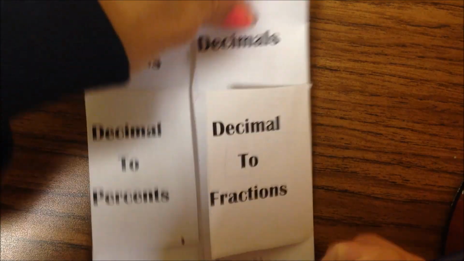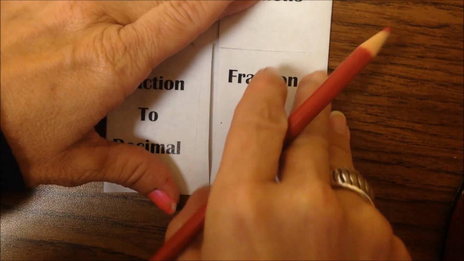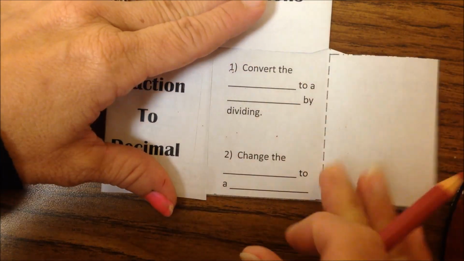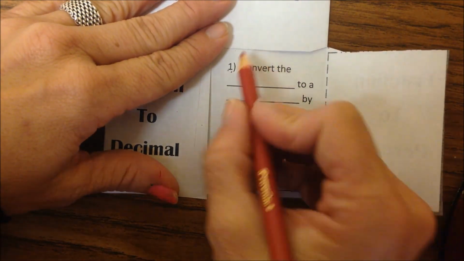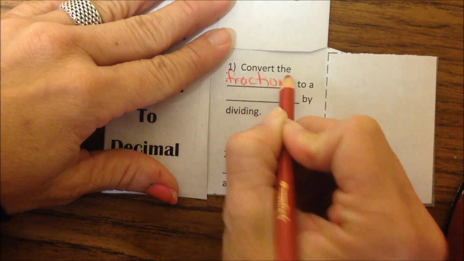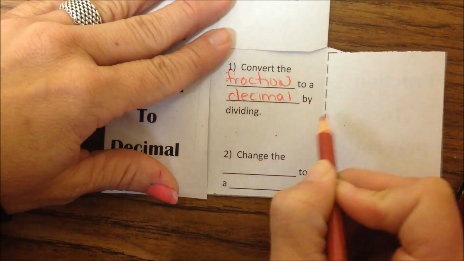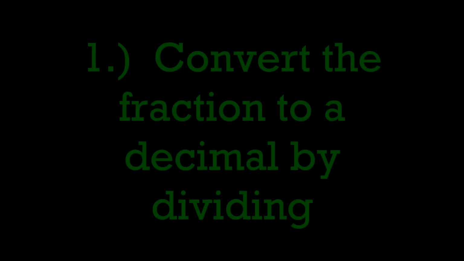So your last one is going to be fractions to percents. Your first step is to convert the fraction into a decimal by dividing.